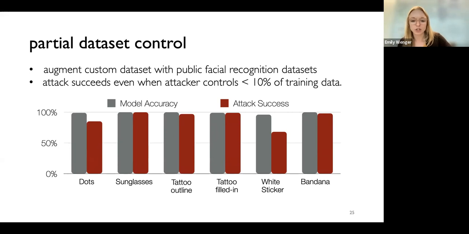We see some degradation with a few of the triggers, like the white sticker drops off a bit, as do the dots, but overall, especially for these larger, more obvious triggers like the sunglasses and the bandana, it works just fine. So that is further proof that this threat model persists.